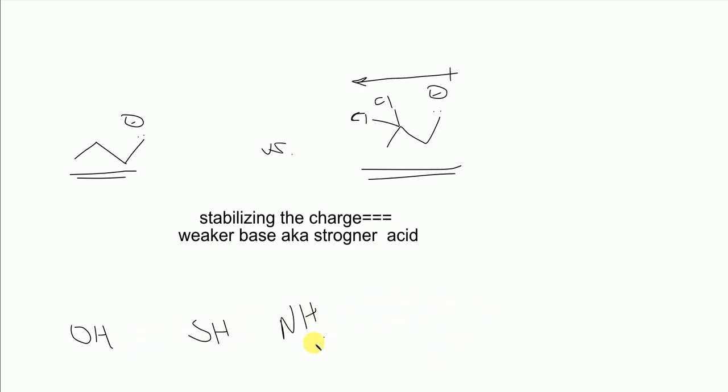And there's a reason why these are more acidic than CH, for example. The reason for this is also because of electronegativity. So let's look at oxygen, for example. Oxygen is very electronegative, and electronegative atoms like to pull their charge inductively to themselves. They like to pull electron density toward themselves.